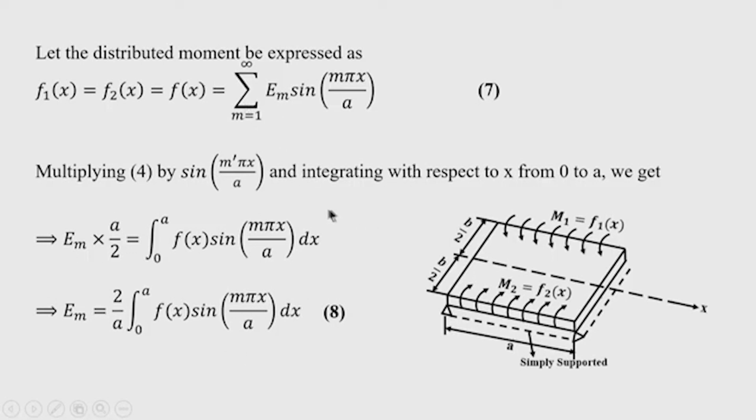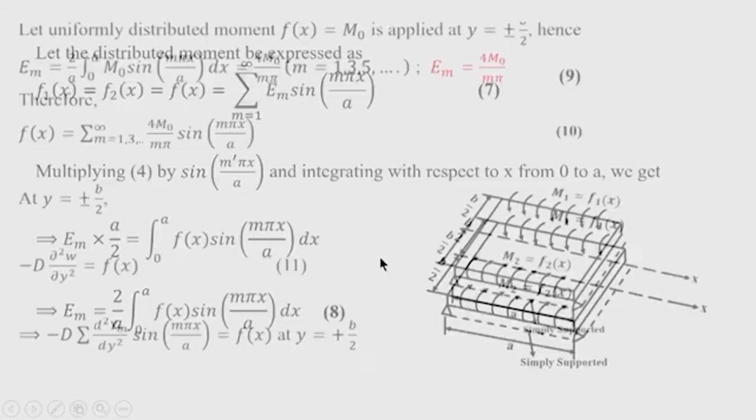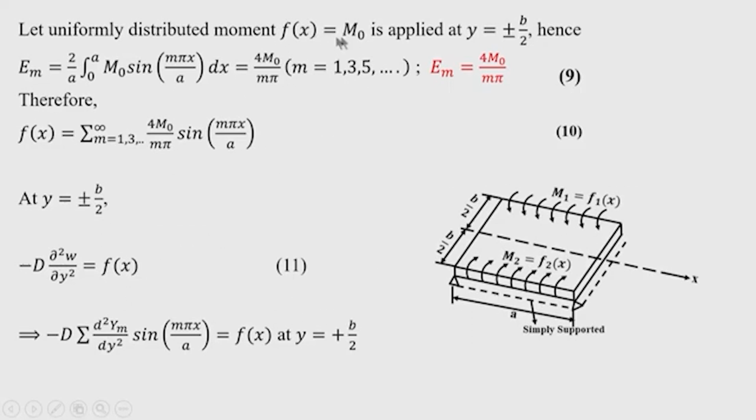Okay. Now, suppose the edge moment is a constant quantity, that is, a uniformly distributed moment. Then in that case we assume that f x is m naught, where m naught is a constant value, applied at y equal to plus minus b by 2. That is, here at this edge your moment is m naught, and at this edge also the moment is m naught.